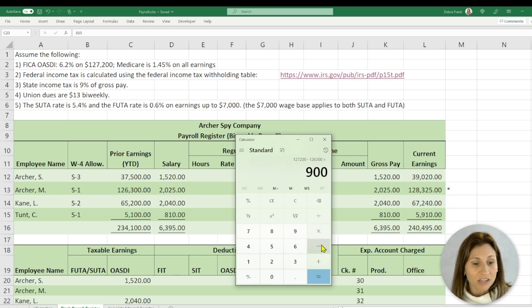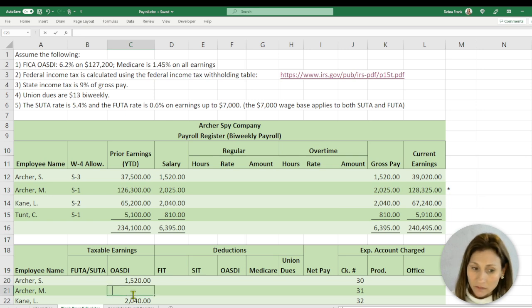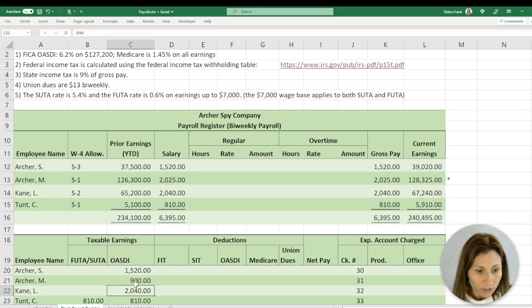So we can tax 900 more dollars, and that's it. So the full 2025 salary is not going to be at the OASDI rate, only the 900. So we're going to plug in that 900, and that way that reminds us that that's what we're going to tax. That's going to have the OASDI tax. The rest of the stuff will be taxed at the gross pay. So we've figured that out for us.